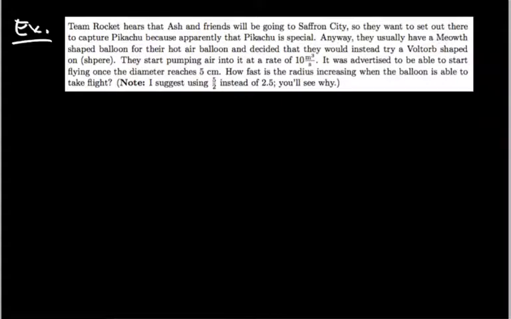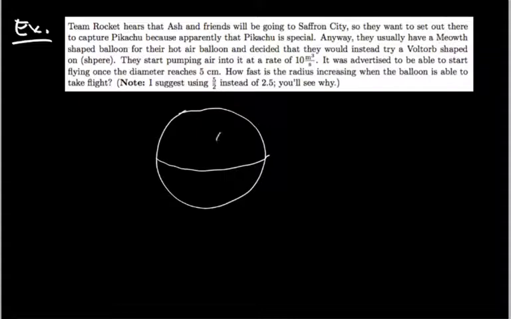So Voltorb is a sphere, if you're not aware of what Voltorb looks like. Essentially, it looks like this. Okay, really quick sketch of a Voltorb. It doesn't look great, but whatever.